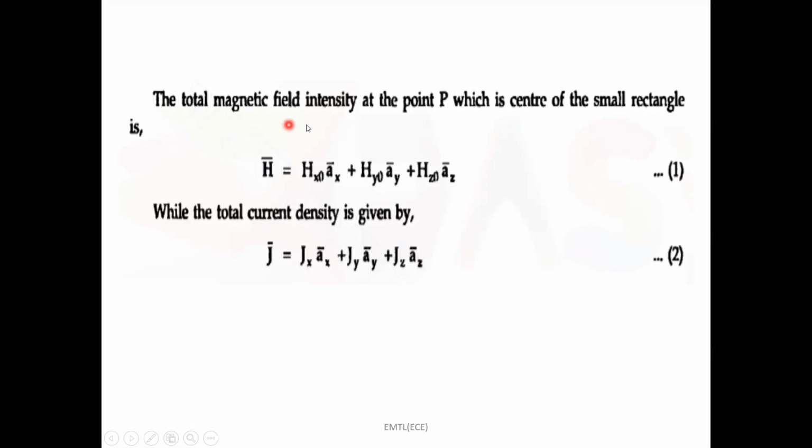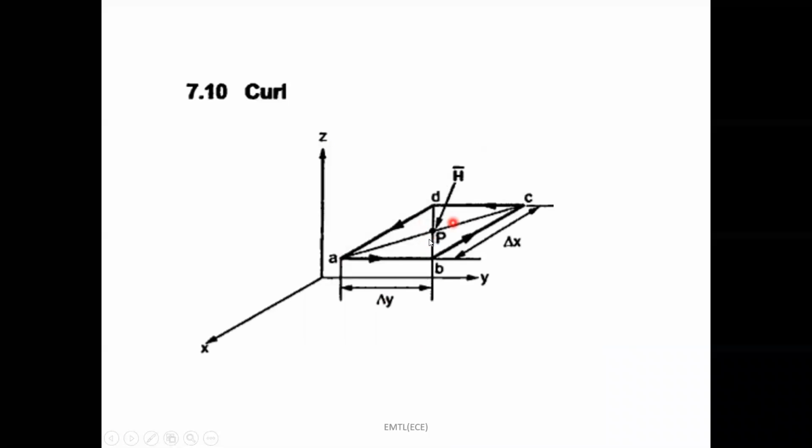the total magnetic field intensity at the point P, when you observe this figure, this is the point P. So we have to calculate the magnetic field intensity at this point due to current passed through this closed path. Why? Because as we already discussed, the magnetic field is developed due to passage of current through any conductor.